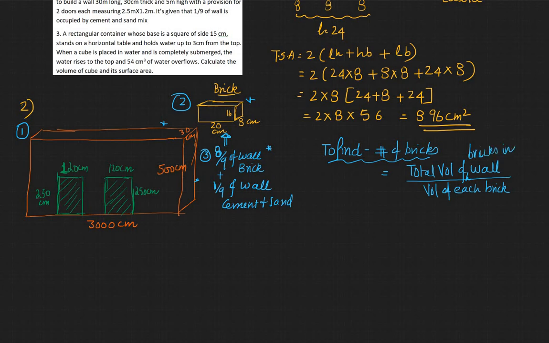So first let's find out what is the volume of each brick. So volume of each brick is 20 into 8 into 16, l b h, centimeter cube. So it is good not to multiply it yet. It's always better to do all numerical operations at the end together, since many things may cancel out.